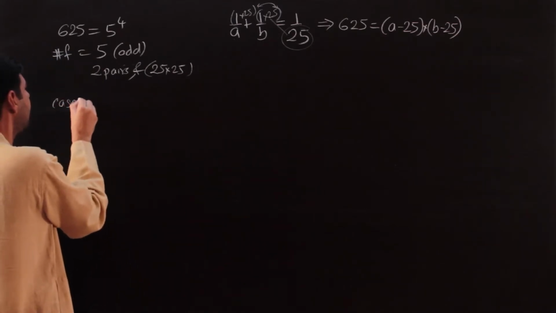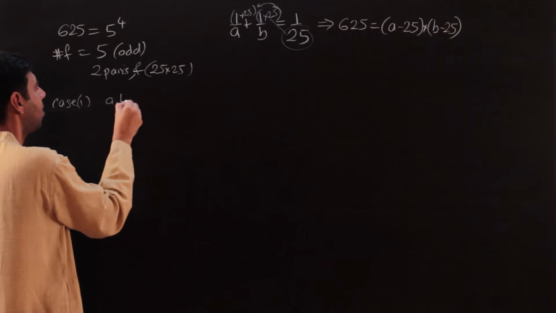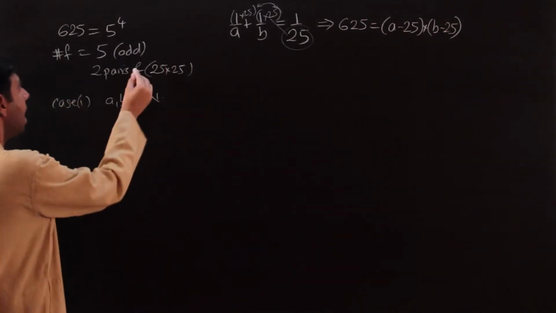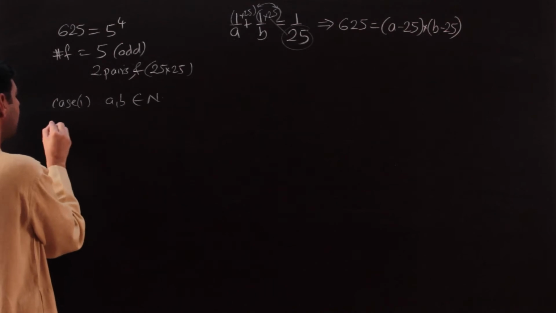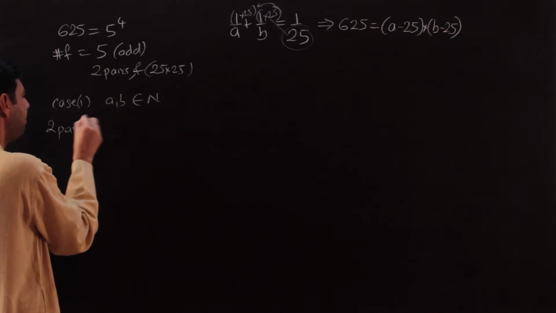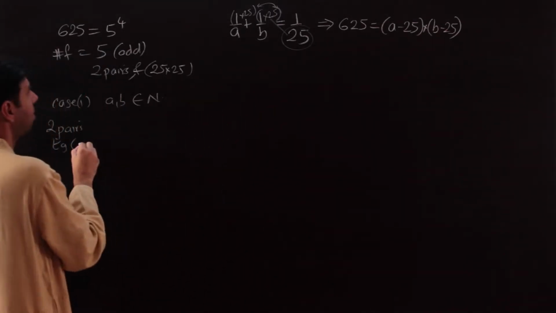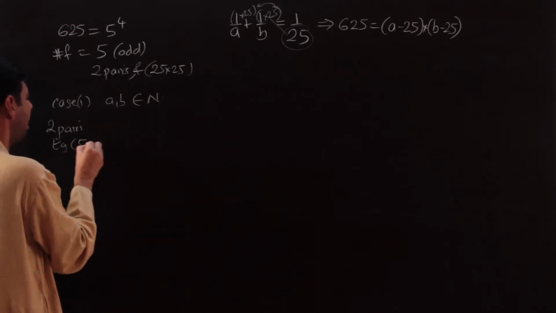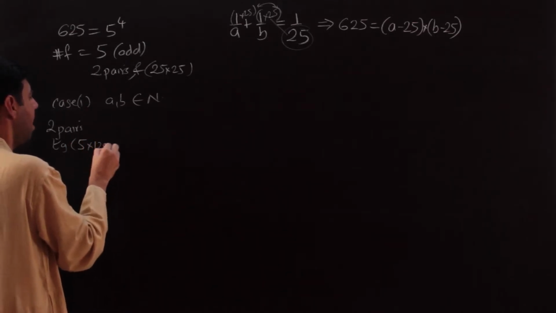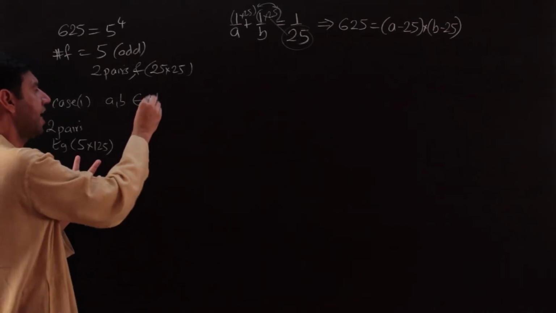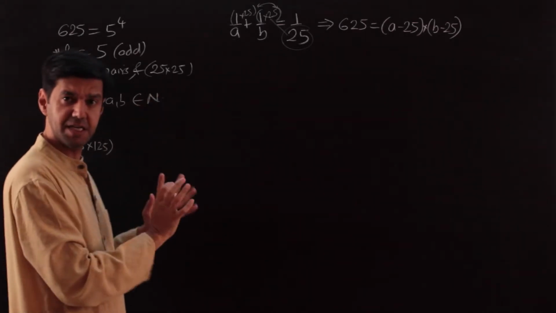Let's finish our question. Let's say the first case is a and b belong to the set of natural numbers, so I want natural number solutions. Let's say there are 2 pairs. For example, what would multiply to 625? 5 into 125. Because I want natural numbers, I'll leave them as positives itself.